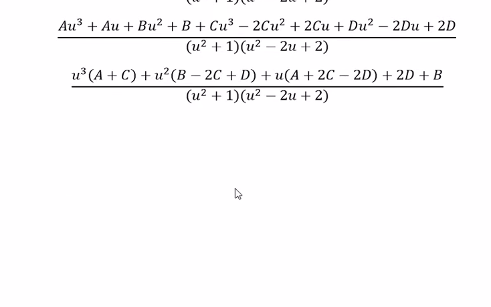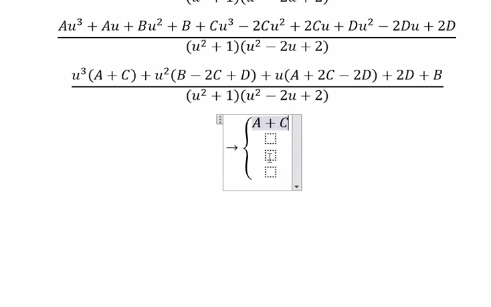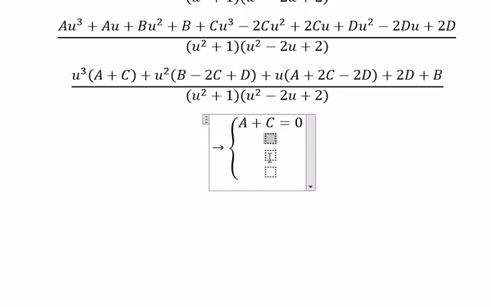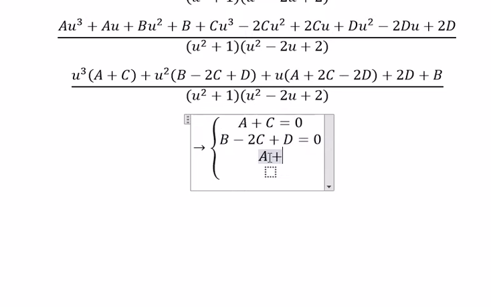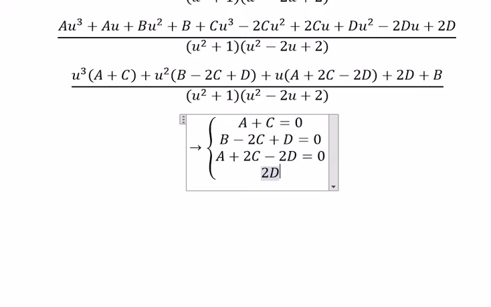And now we can create the system of equations. So we get a plus c equal to number 0, b minus 2c plus d equals number 0, a plus 2c minus 2d equals number 0, 2d plus b equals number 1.